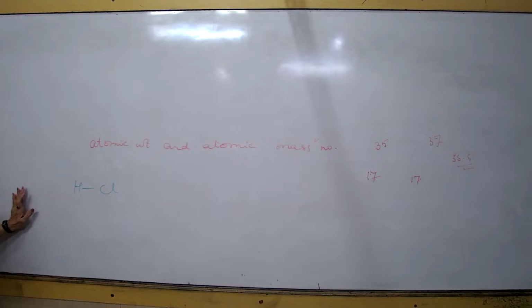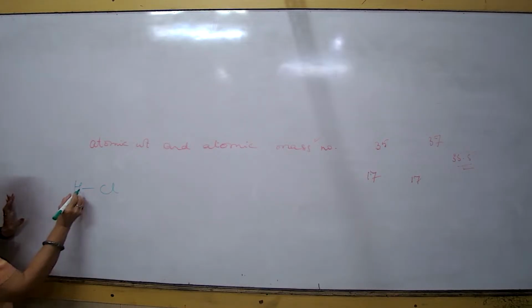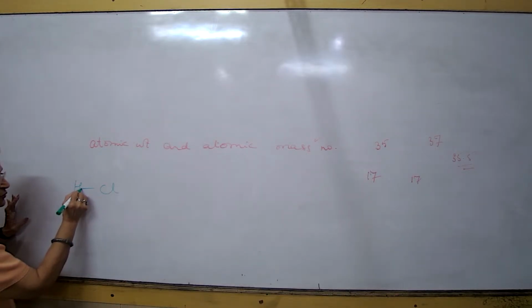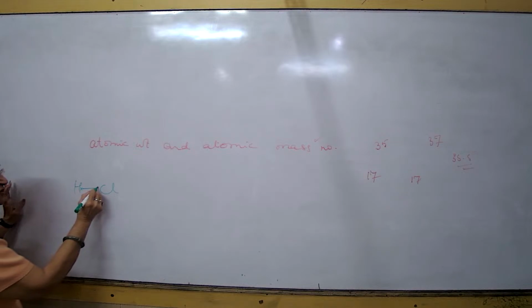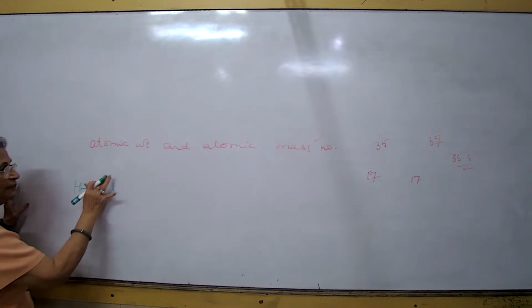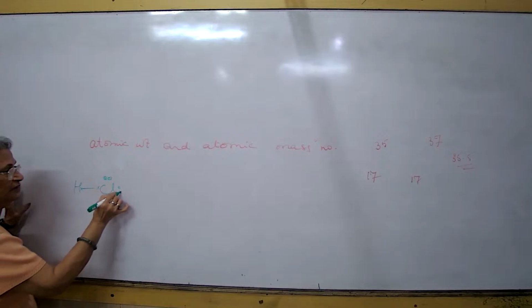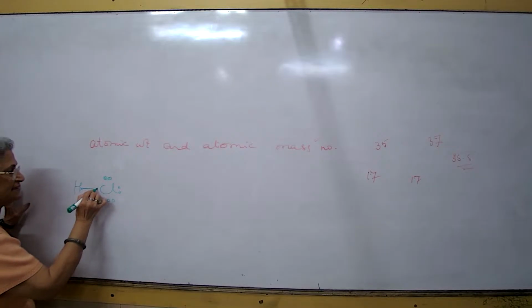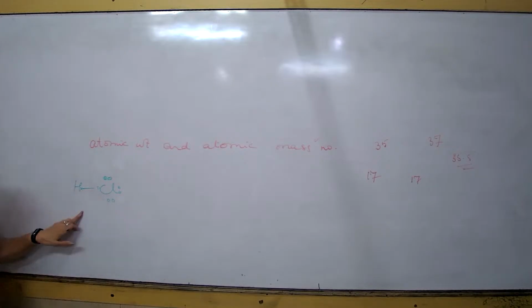Now, the sharing, if it is equal, meaning this is sharing out 1 electron and this is also sharing out 1. Chlorine is 1, 2, 3, 4, 5, 6, and 7, and hydrogen is 1, correct? So hydrogen needs 2, so it is sharing this one with it.